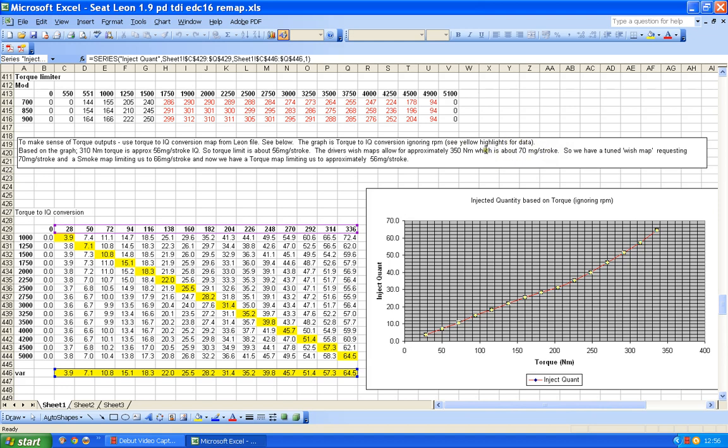And that was from our tuned driver's wish map. Then I tuned the smoke map, and that gave a maximum of 66 milligrams. So I've gone from 70 to 66, and now the torque map is limiting me to about 55, 56.